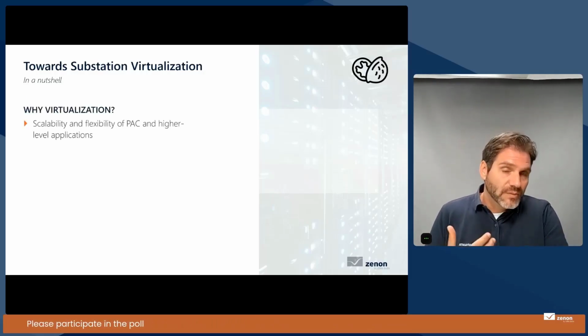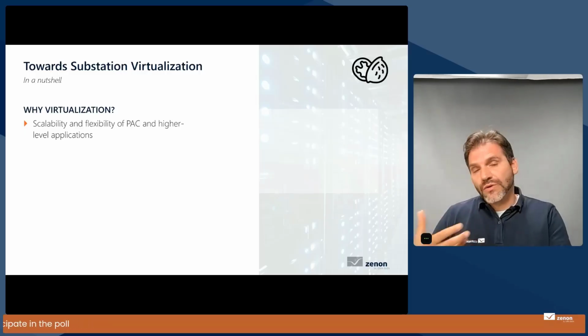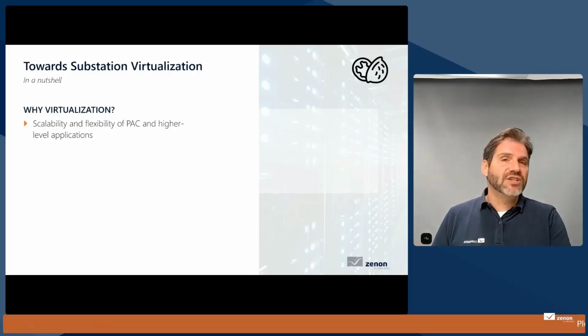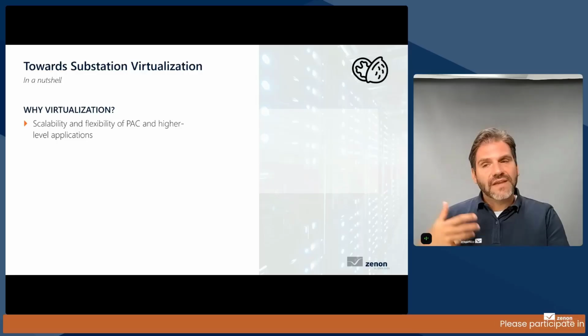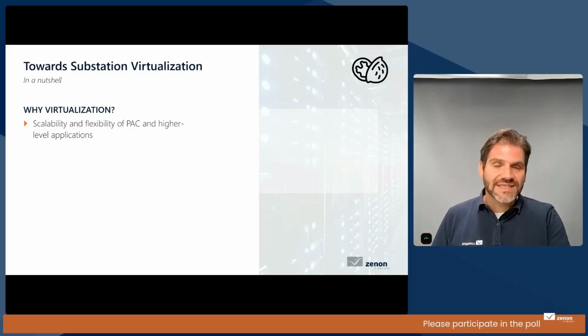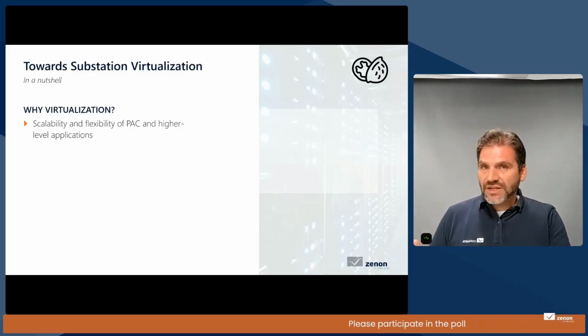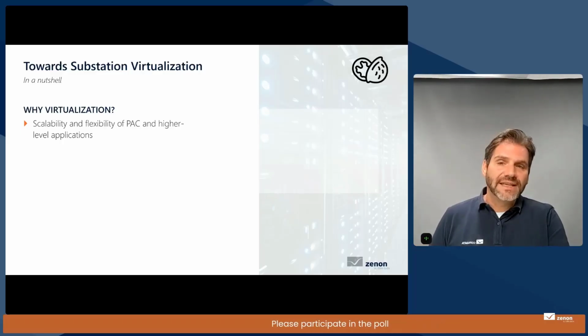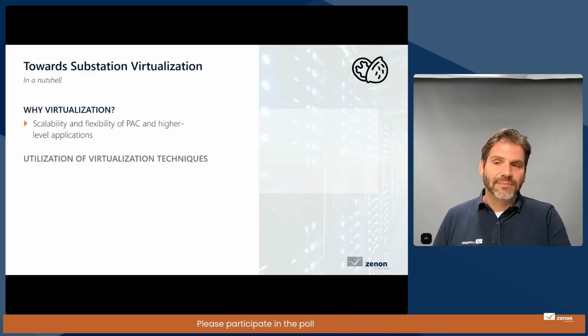So why does the industry go, or at least think, in the direction of virtualization? It's the scalability and flexibility which is needed from protection, automation, and control systems or functionality, and also higher-level applications.